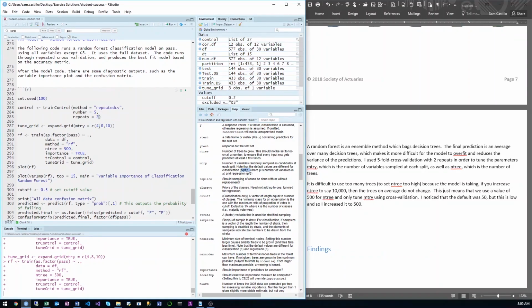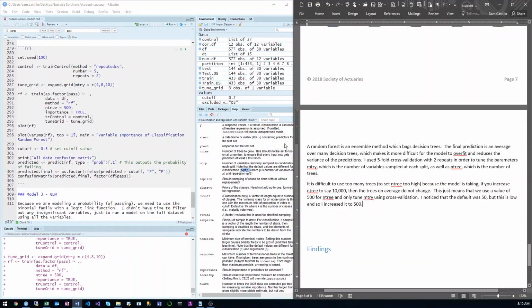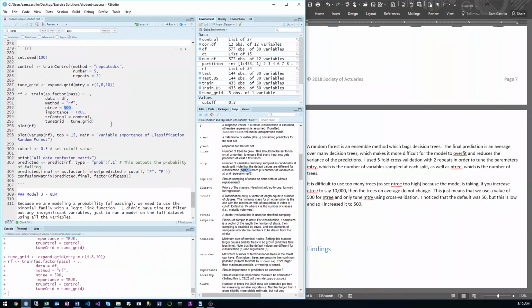So it uses 3 models times 5, which is 15, times 2, which is 30. So it's fitting 30 different random forests. Each random forest has 500 trees, so that's 30 times 500, which is 15,000 decision trees. And if I was at Prometric right now, I would decrease this.